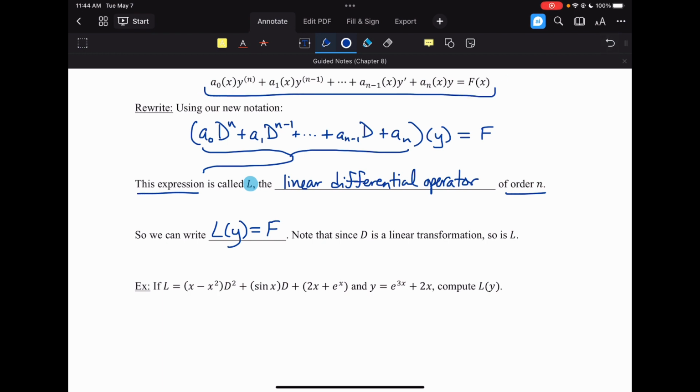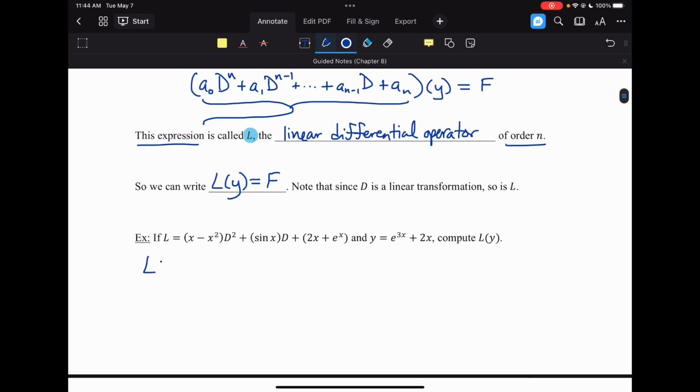So if we rewrite this in terms of y's, we get (x minus x squared), D squared is just y double prime, and then sine of x, D is just y prime, that's the first derivative, plus (2x plus e to the x) times y.